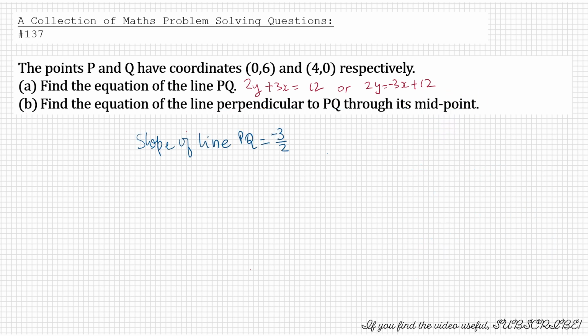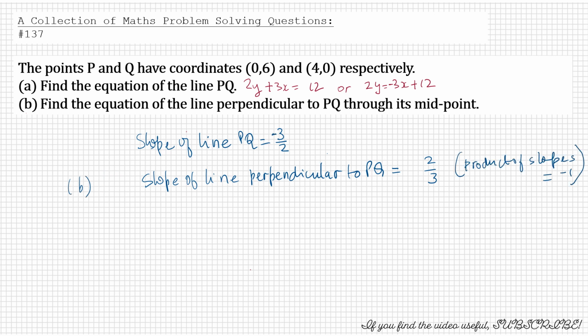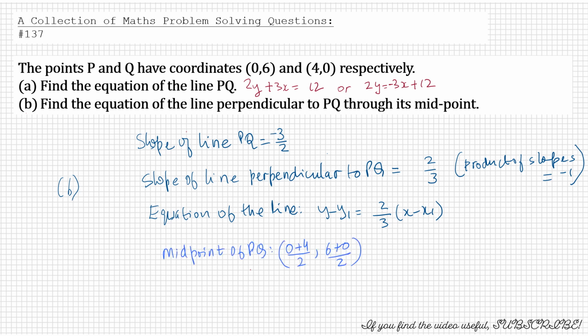The slope of line PQ is minus 3 out of 2 and the slope of the perpendicular line is 2 out of 3, product of slopes being minus 1. The equation of the line will be of the format y minus y1 equals 2/3 times x minus x1.